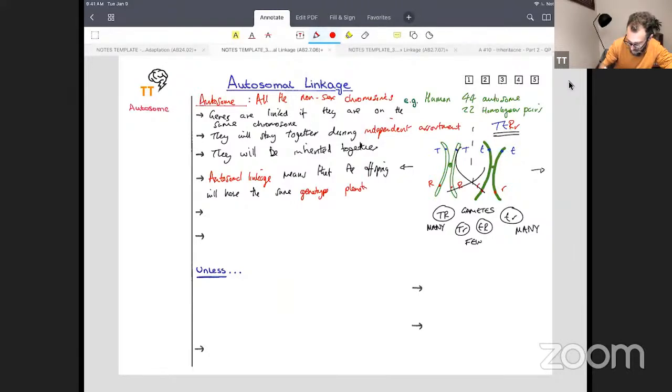So the same genetic makeup and the same phenotype as their parents, because the shuffling doesn't really take place.